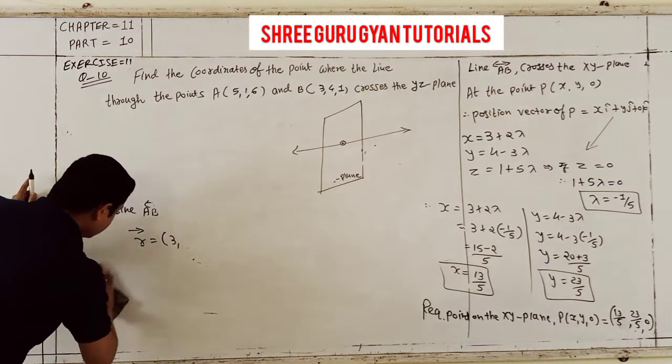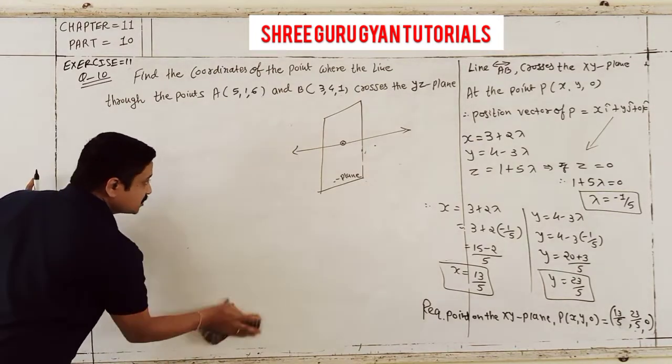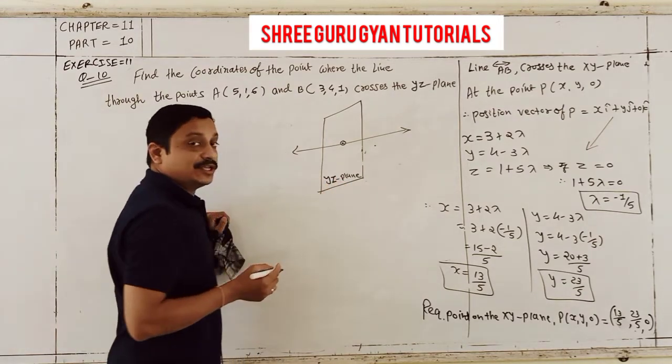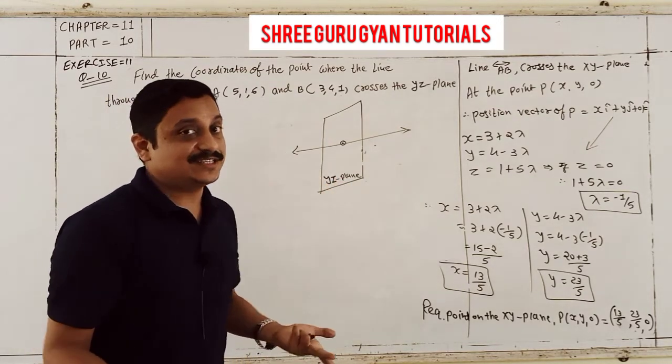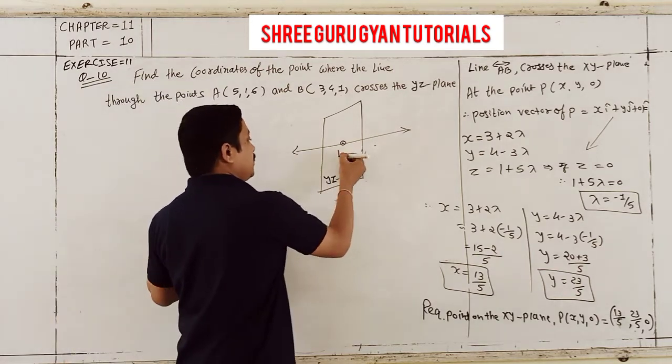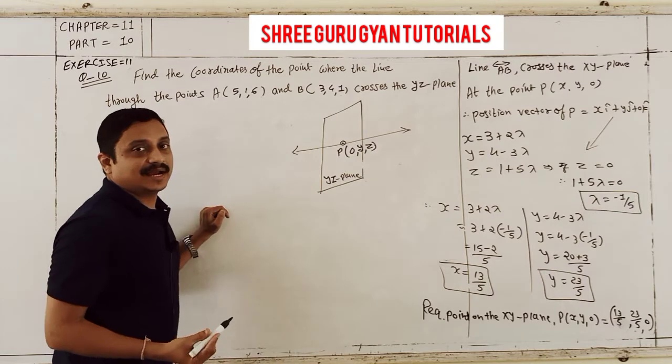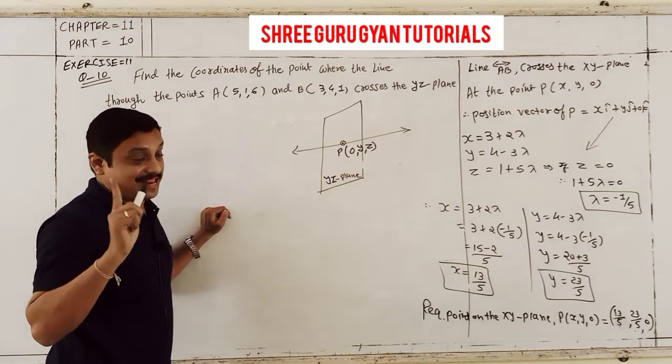So the drawing is the same, students: line AB passes through it, but which plane? The YZ plane. So here the x coordinate is 0. So what is the position of P? 0, y, z. That way I cover, first of all, line AB.